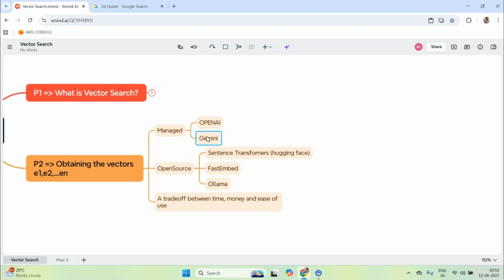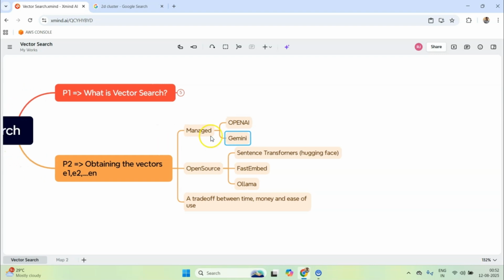Obviously those are easy, but if we talk about time, these APIs practice a fair use policy, and they don't want one person to bombard the API with all the requests, so they limit the usage.